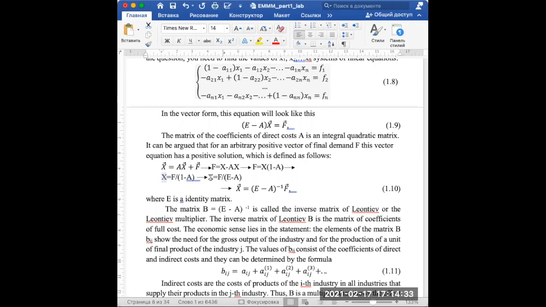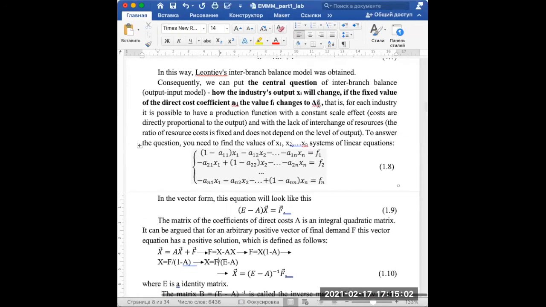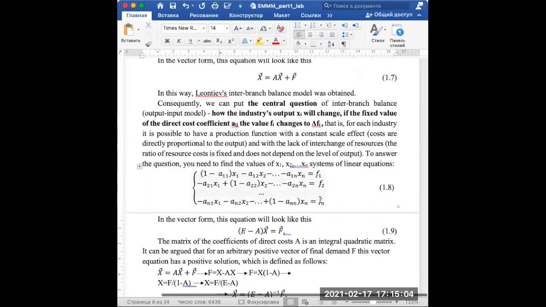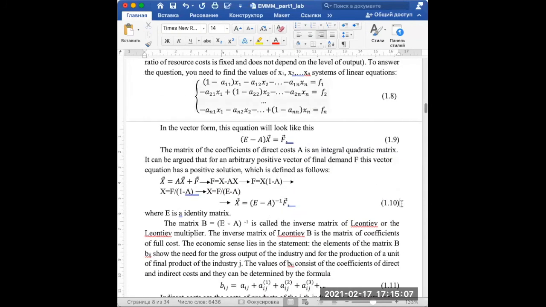From this view, we find the final formula of x, which is equal to E minus a, the inverse matrix, to the power of minus 1, multiplied by f. So these simple mathematical actions help us transform formulas 1.7 to formulas 1.10.